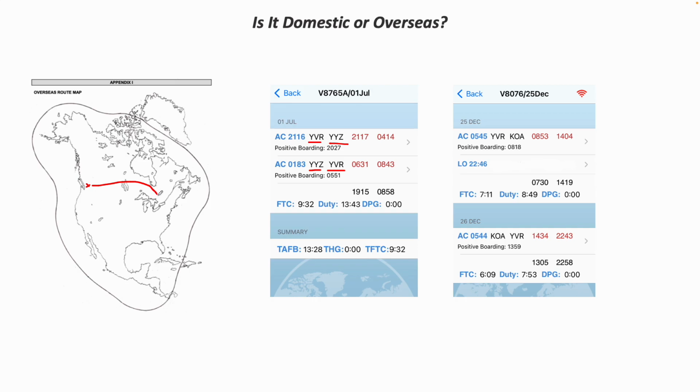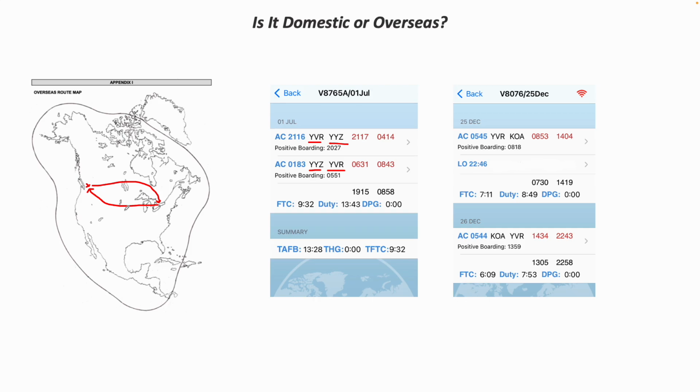It goes all the way into Toronto, and then comes all the way back to Vancouver. You can see that the flight path remains inside of the boundary line the entire time. So this would be classified as a domestic pairing.